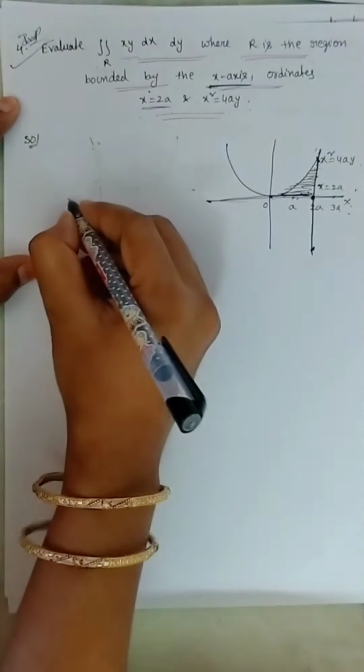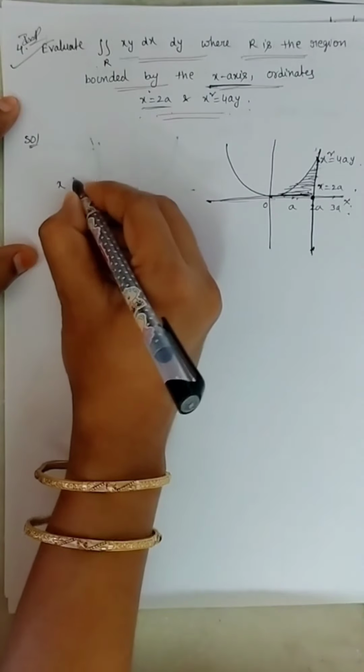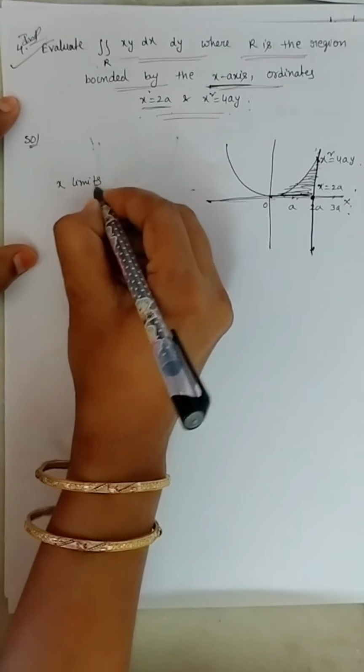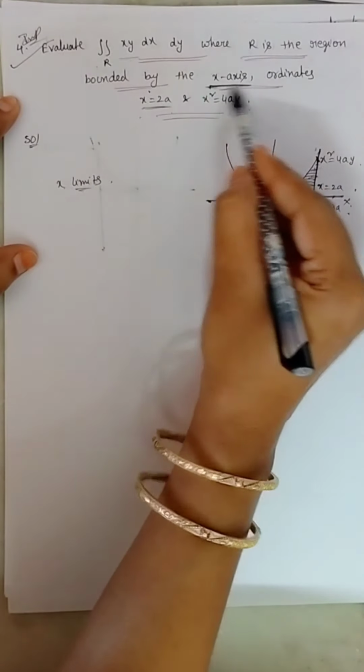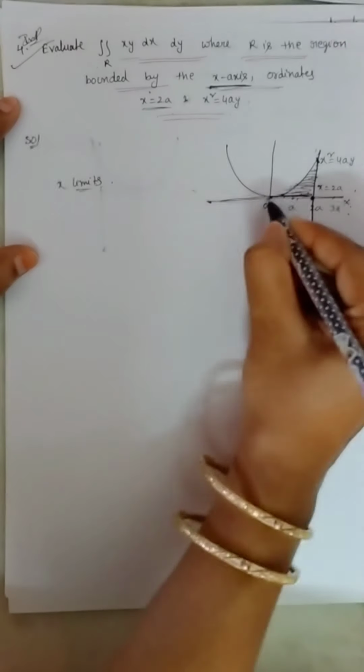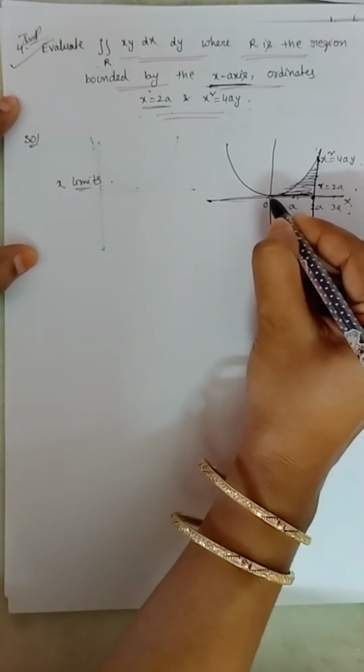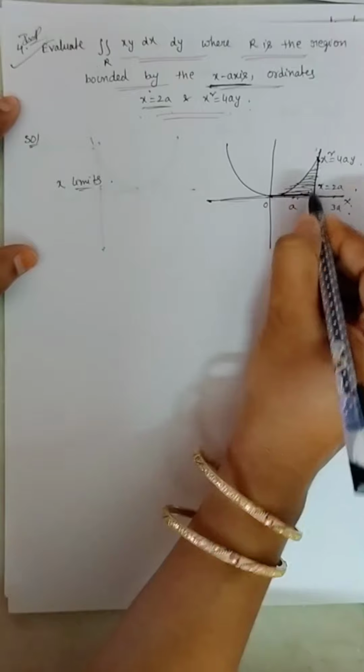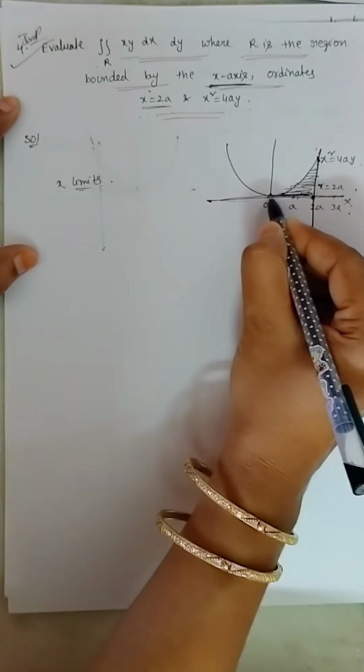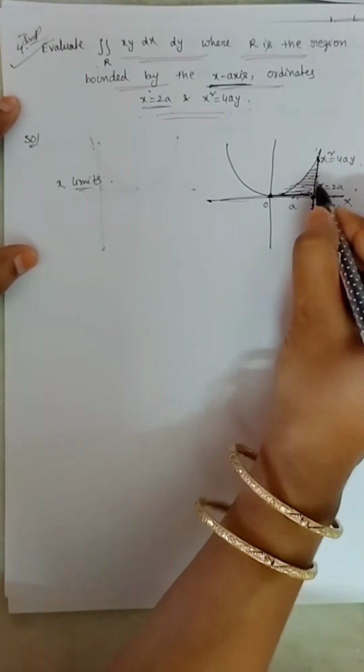Now we have to find the limits. First, the x limits: through the x limits, this region starts at x equals 0 and goes to x equals 2a.